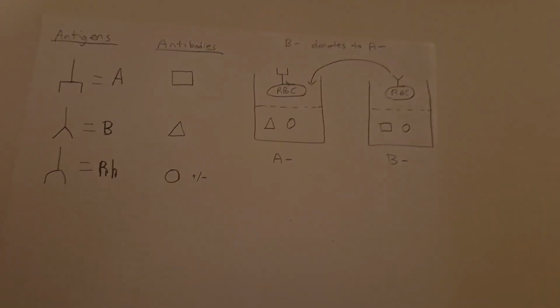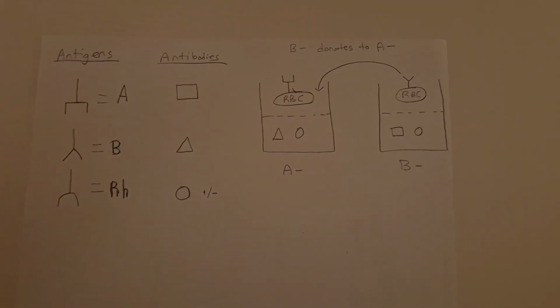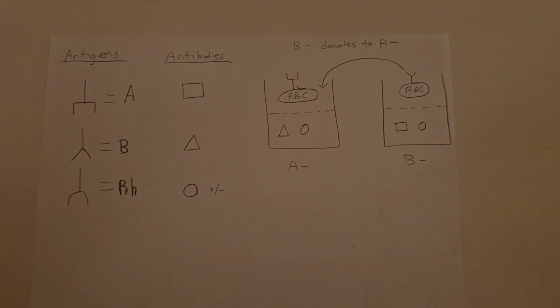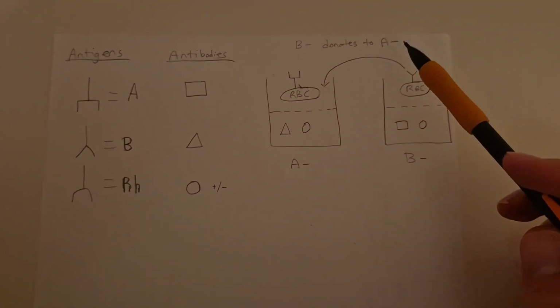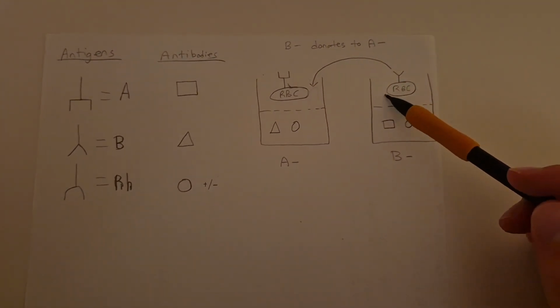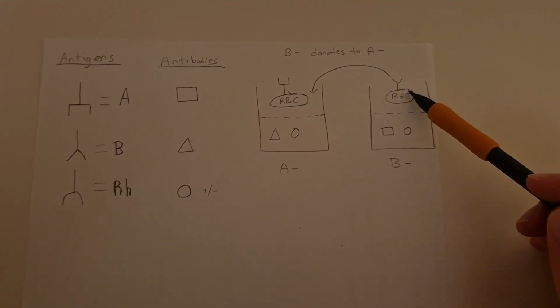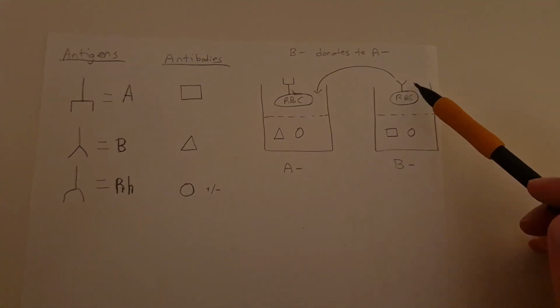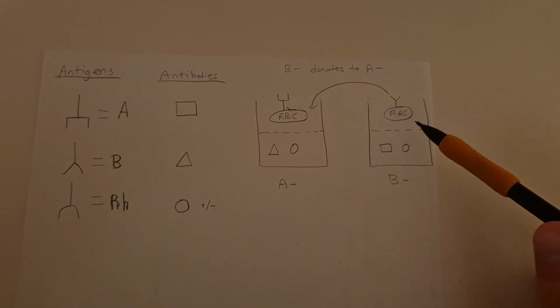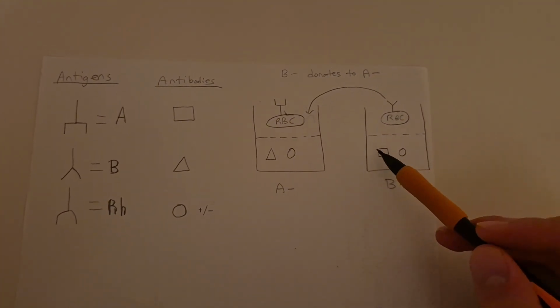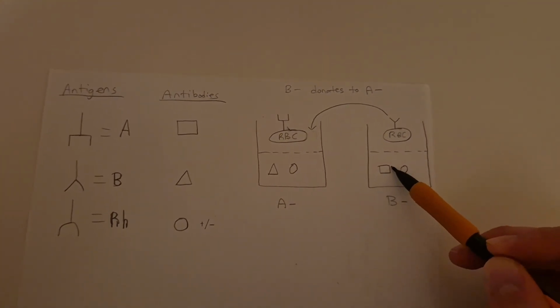So, for example here, when we're trying to figure out if the blood types match with each other, we have B minus blood donating to A minus blood. So here's our B minus blood. And we know that type B blood will have the B antigen, and it'll have the A antibody in its solution.